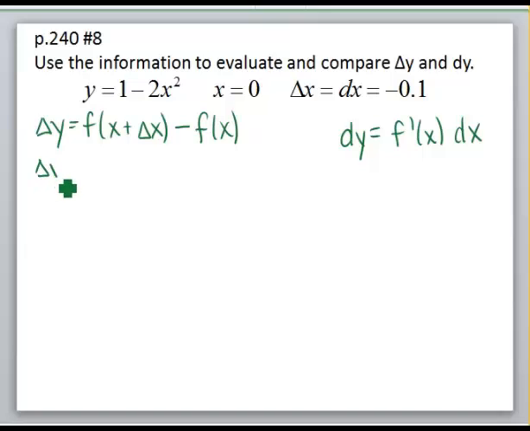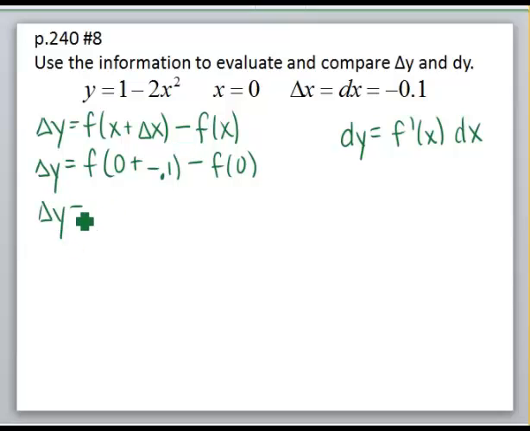I'll go ahead and start by finding change in y first. What they give me is my x is 0. They give me my change in x is negative 0.1. So I'm going to plug in the 0 for the x and the negative 0.1 for the change in x. This really says find f of negative 0.1 and subtract it from f of 0.